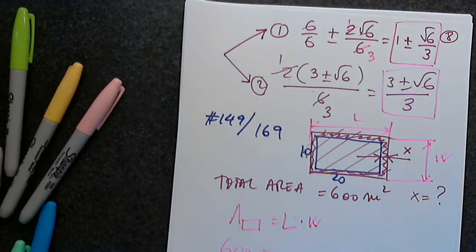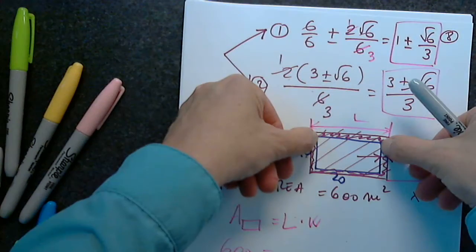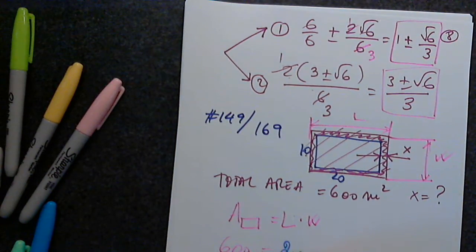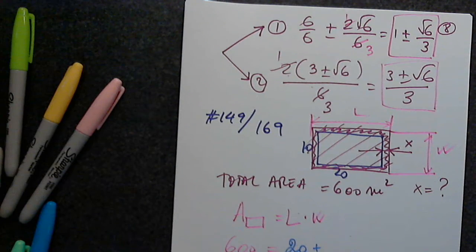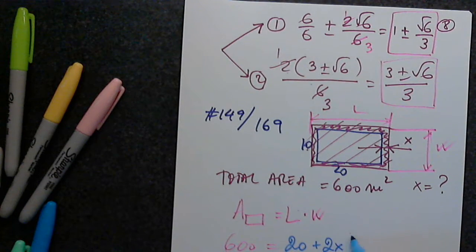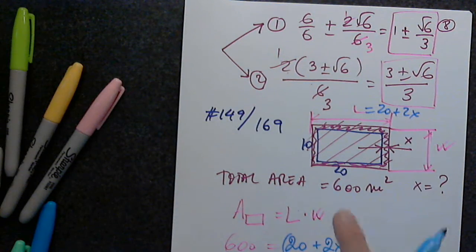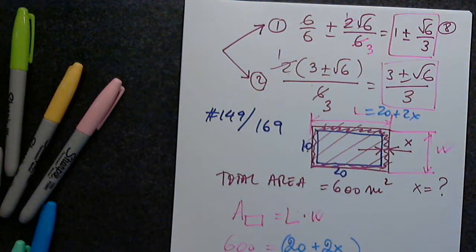So the length is 20. This is 20. This is not 20. So 20 plus 2x indeed. So the length is 20 plus 2x. X plus 20 plus x. Awesome.